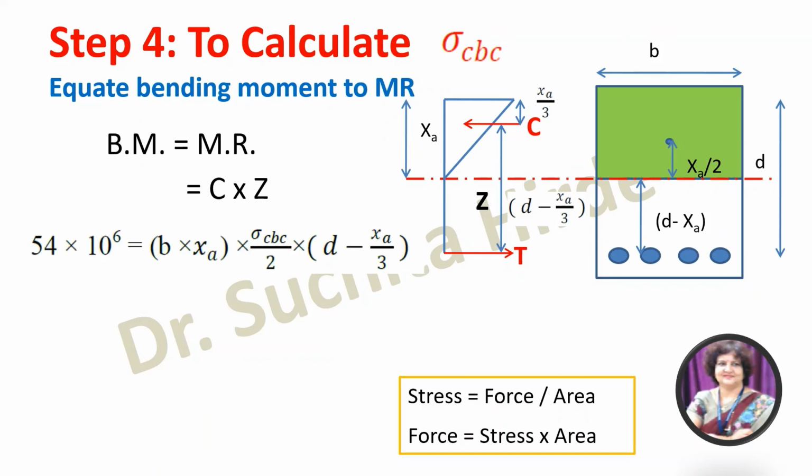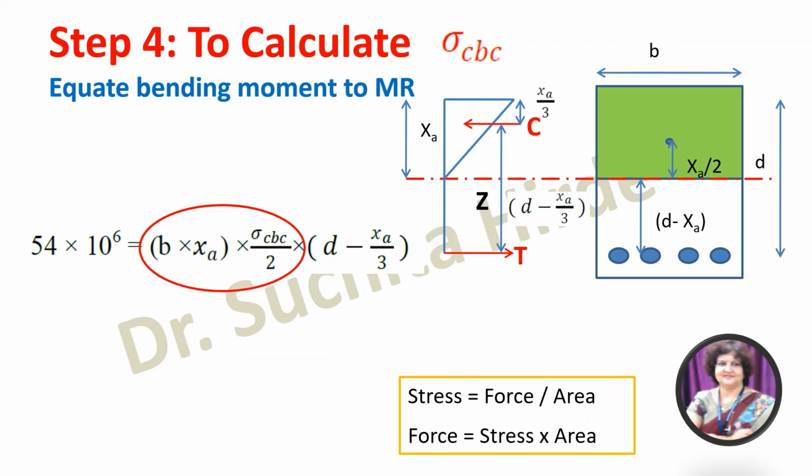So we get, if you substitute, bending moment we have already calculated. C is what? It is area into stress. Area means this B into XA, shown by green color. B into XA is the area which resists compression, and stress is average stress in this stress diagram, that is sigma CBC by 2, and lever arm is D minus XA.